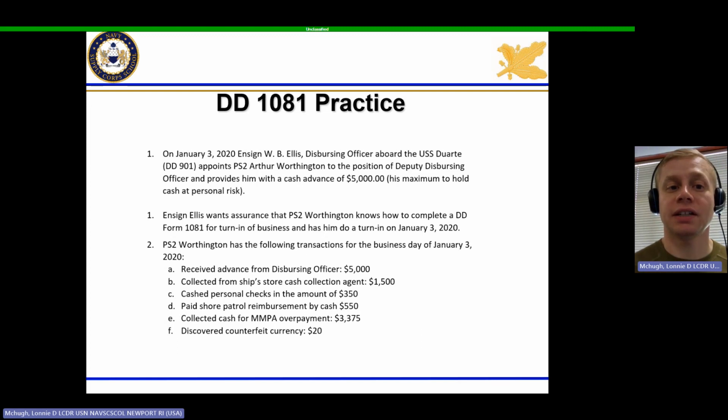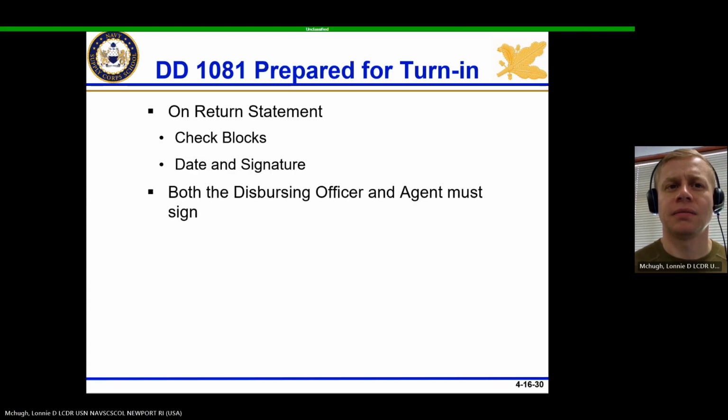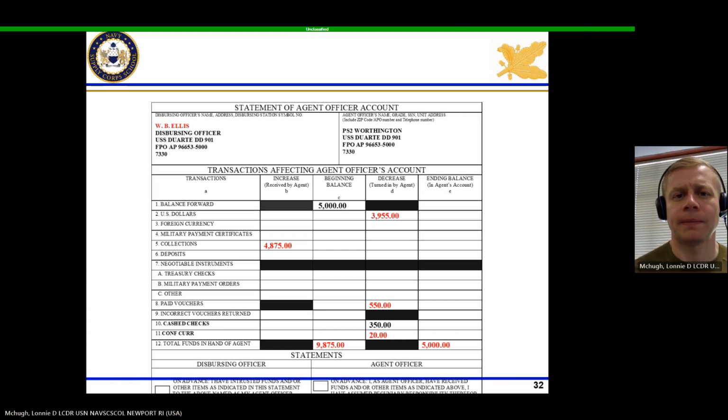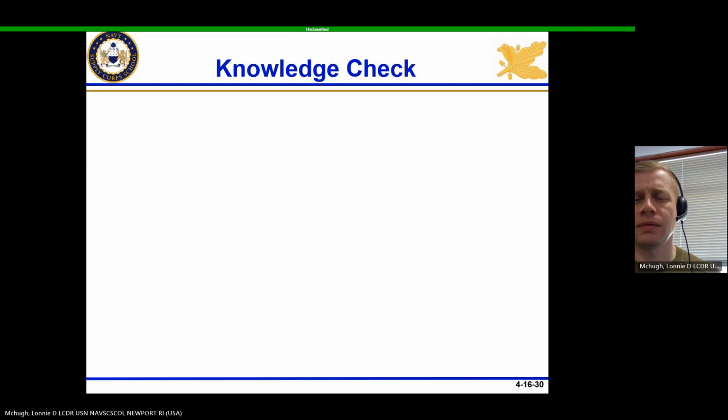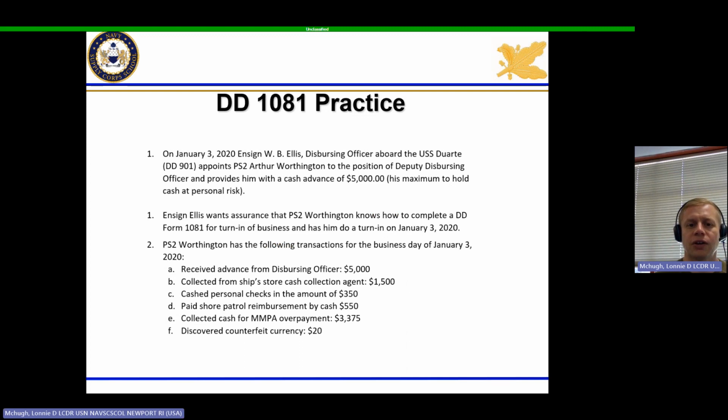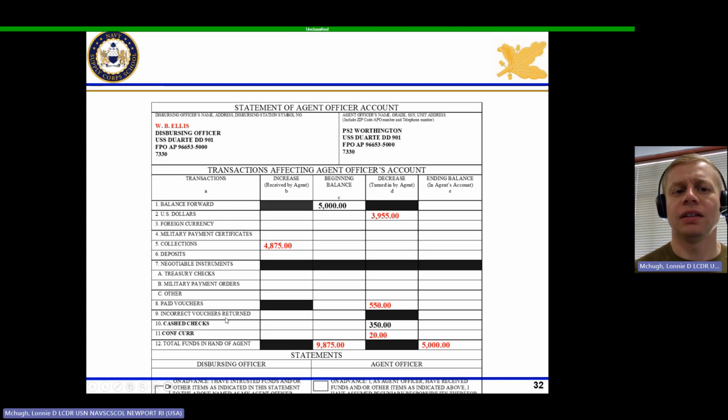So that is a collection. Sorry, 5 Bravo, total collections $4,875. And then discovered counterfeit currency of $20. So that will go on 11. Remember, 11 is blank as well. And they just abbreviated counterfeit currency, $20.